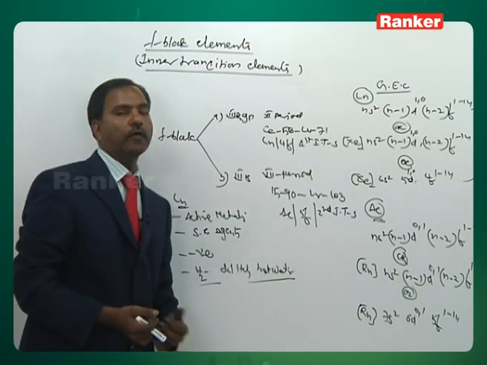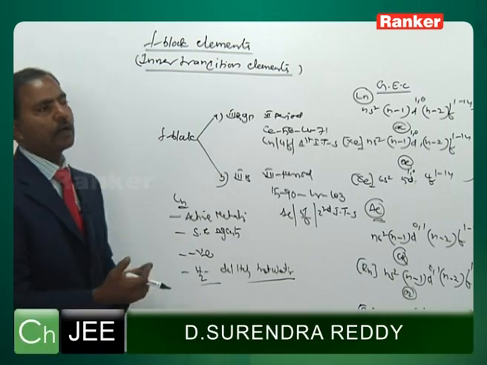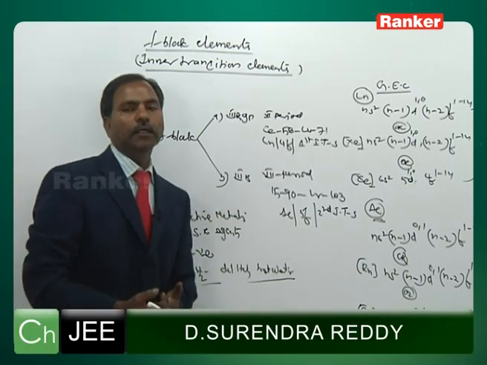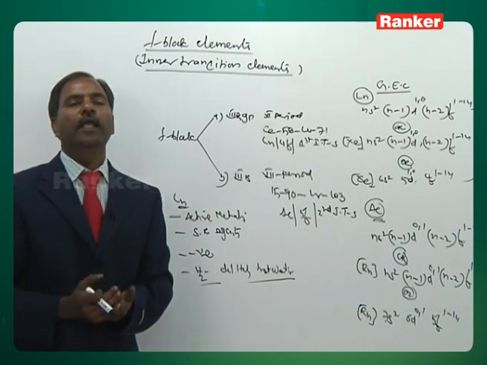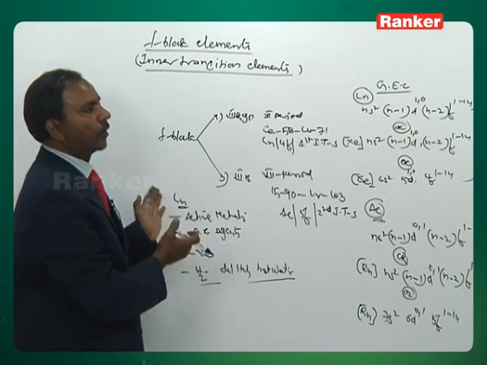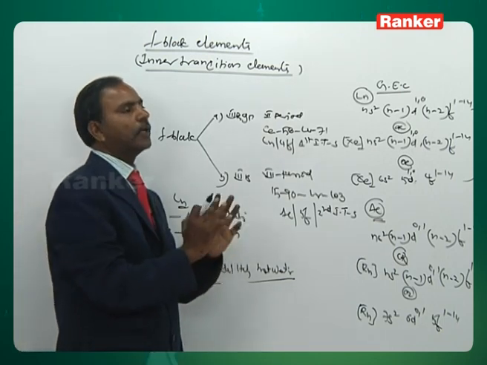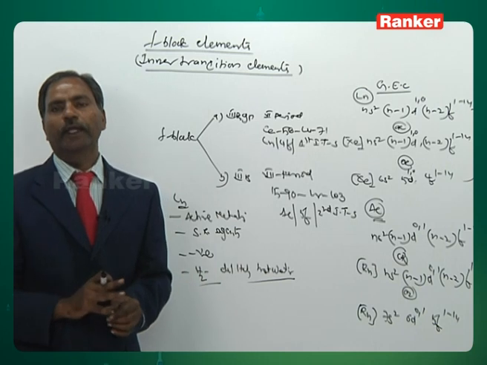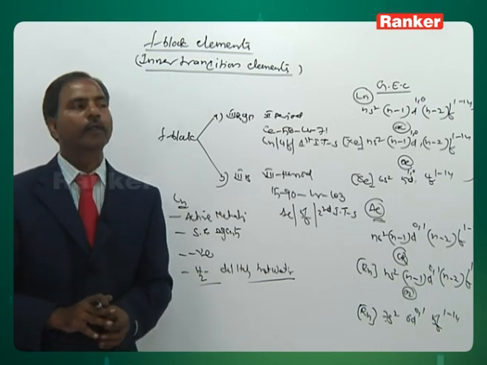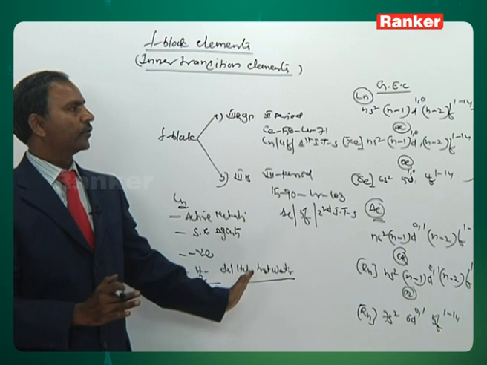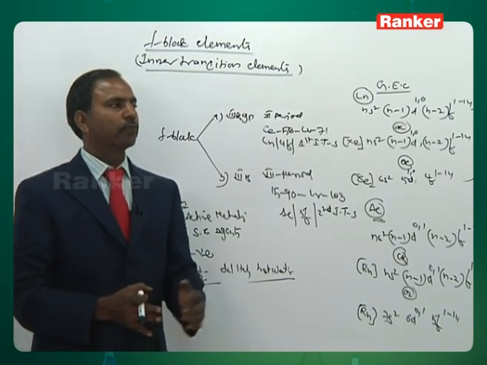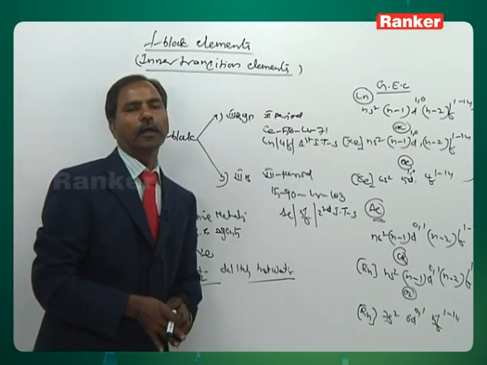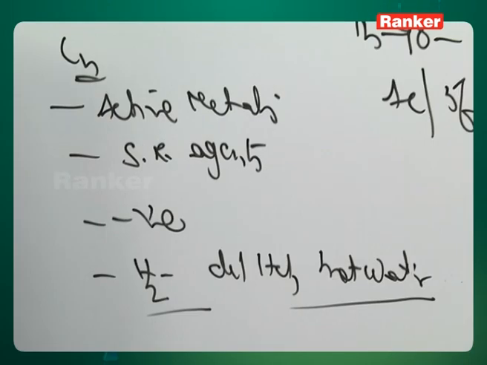These are all properties of active metals, similar to first A group, second A group, and third A group elements like aluminum. This is the brief introduction to lanthanides and actinides, the f block elements.